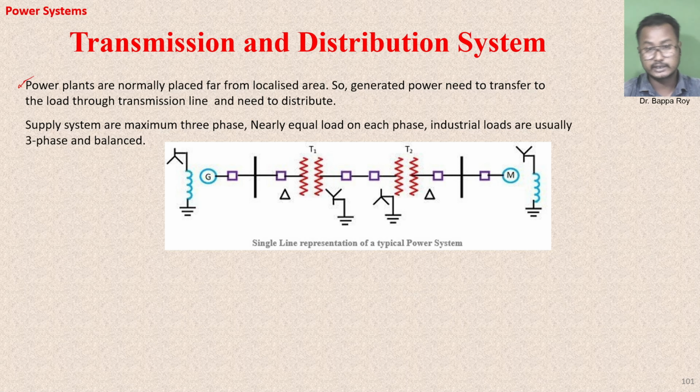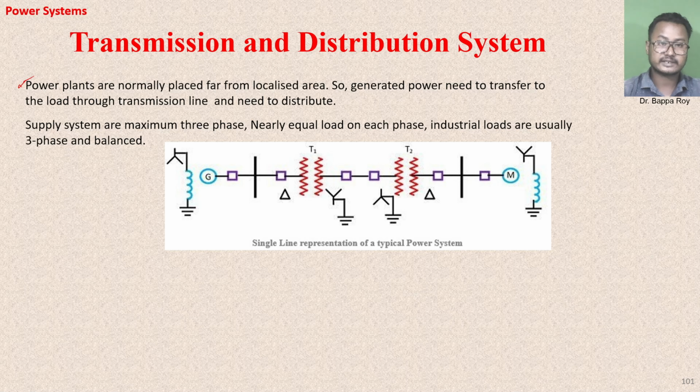It's a little far from the locality because there are so many sounds, so many pollutions. Because of that we need to transfer the power generated in the power plant and distribute it to the load, means to the consumers, to us. So basically it needs some transmission line and distribution line. That is the transmission and distribution system in a power system.